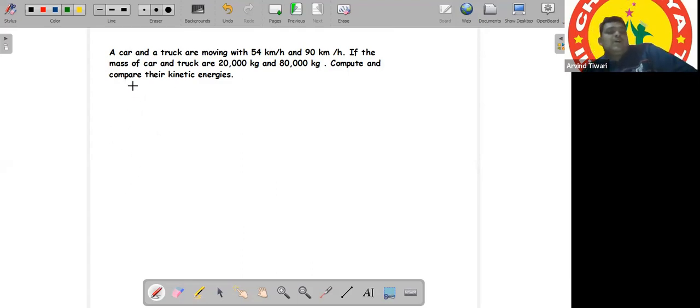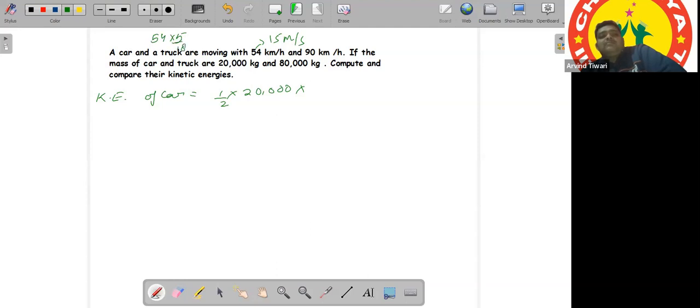See, the kinetic energy of car will be given by 1 by 2 times m, which is 20,000, multiplied by v squared, where v is 54 converted to 15 meter per second. Are you getting this 15 meter per second? 54 into 5 by 18 is 15 meter per second.